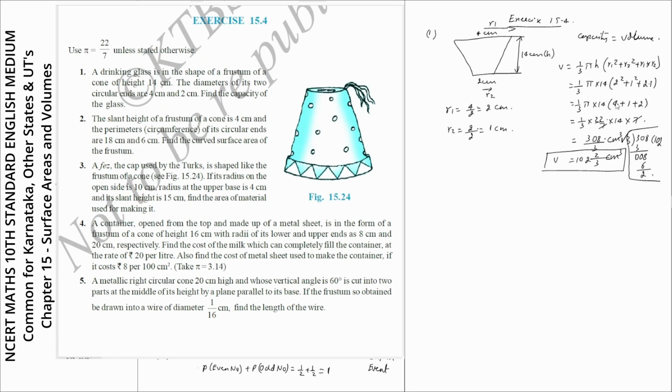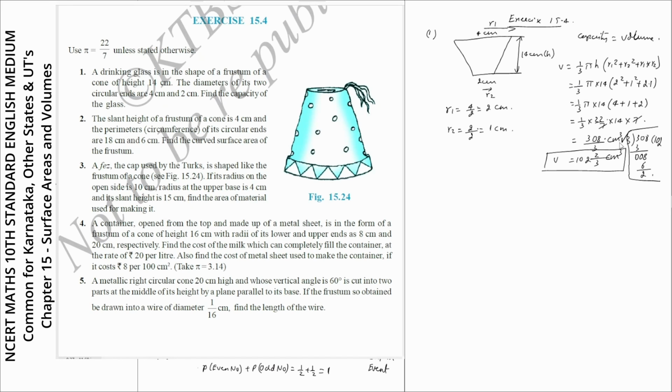Now 2 square is 4, 1 square is 1, 2 into 1 is 2, so 4 plus 1 plus 2 is 7. So 1/3 into π is 22/7 into 14 as it is into 7. So this 7 and this 7 will get cancelled. 22 into 14 gives 308.